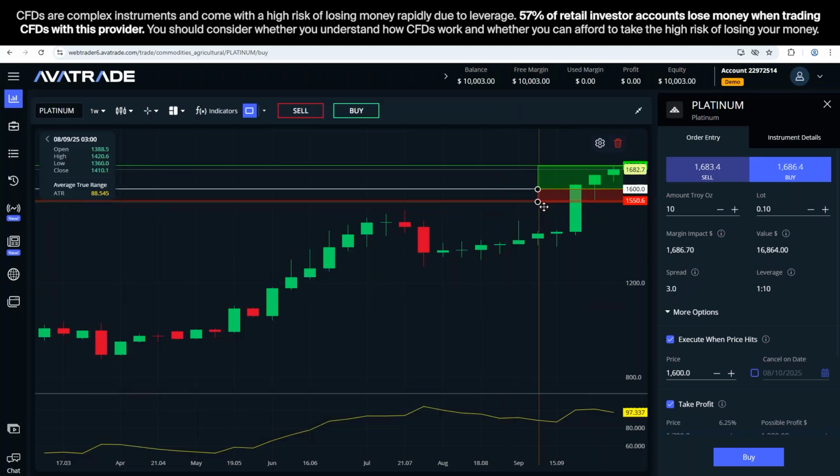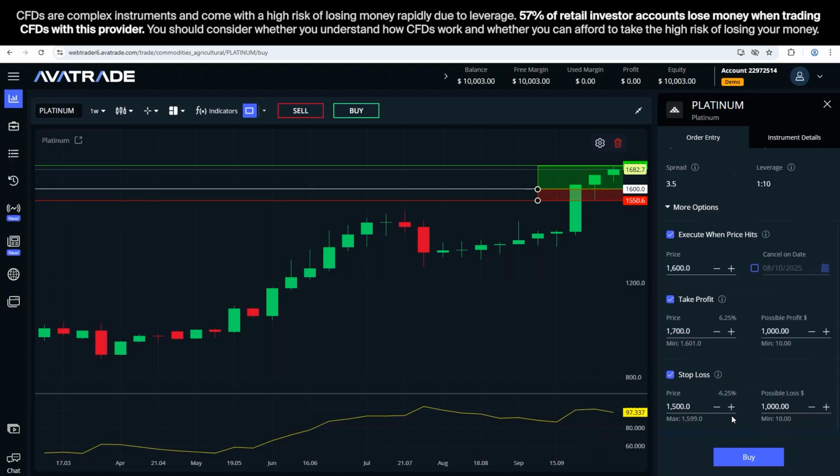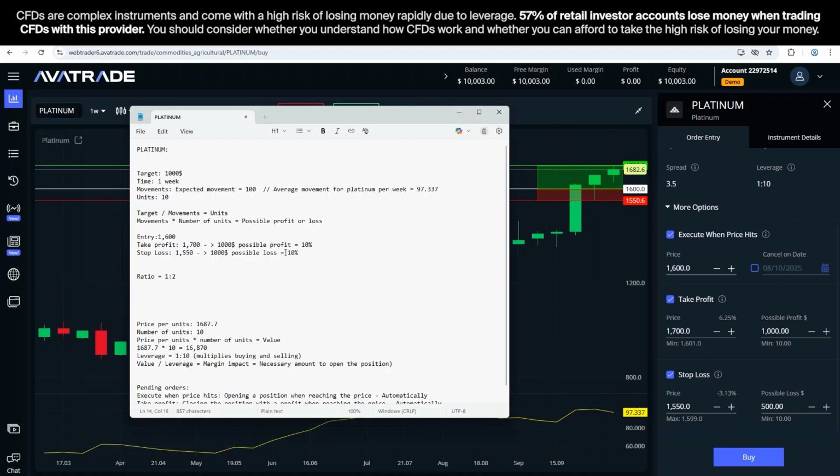Now, what happens is the length of what we had from our entry to the stop loss is down by half, which makes our possible loss down by half. So now, instead of looking at 10% and 10%, we're looking at 5% and 5%. And we've got this very quickly and easily, simply by dividing our length by half.